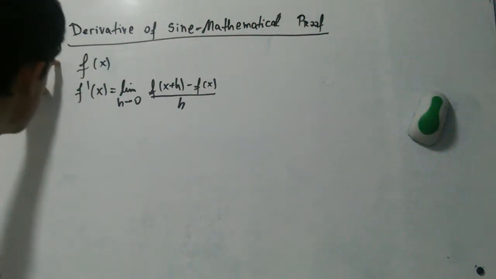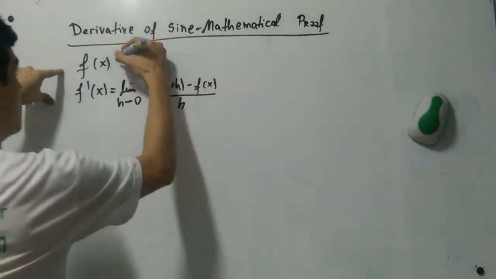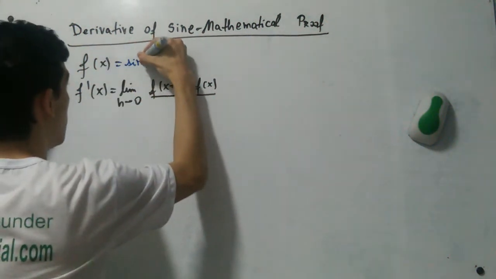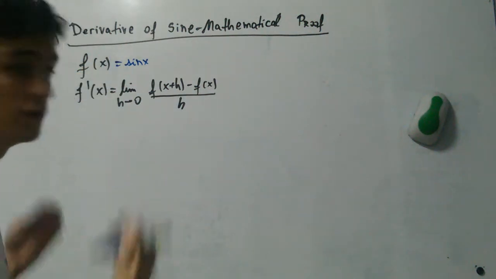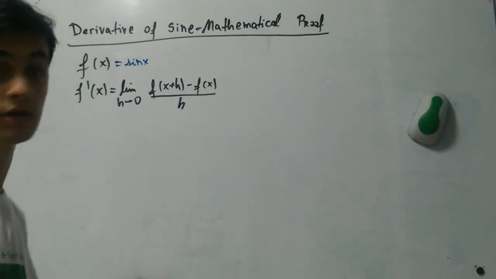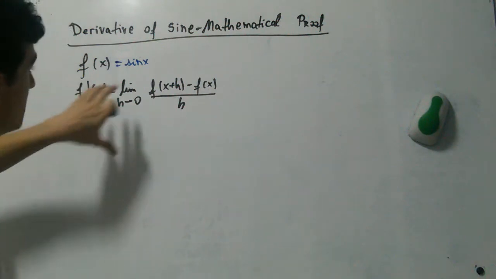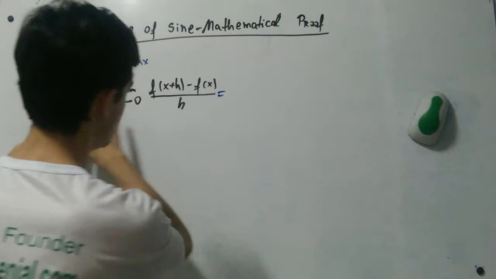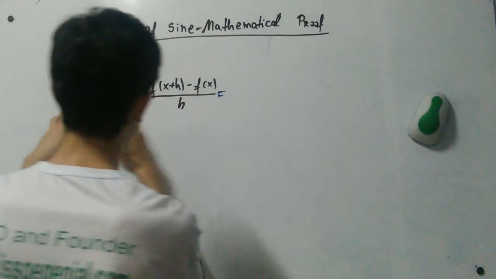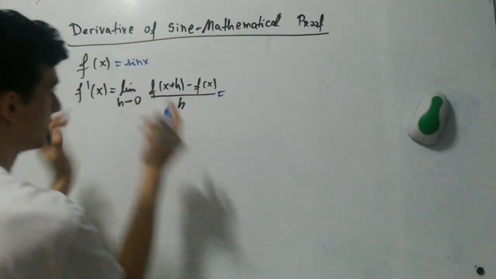In this case, f of x is sine of x. Sine of x is the function of which we'd like to calculate the derivative. So we're going to apply this definition to sine of x.